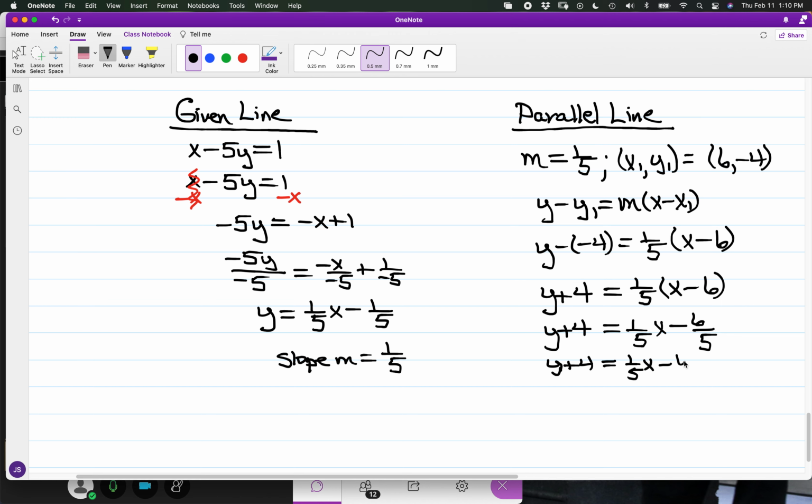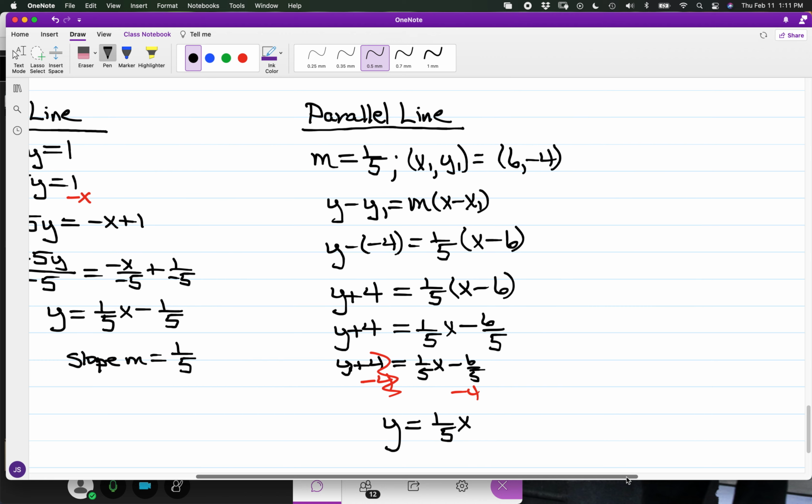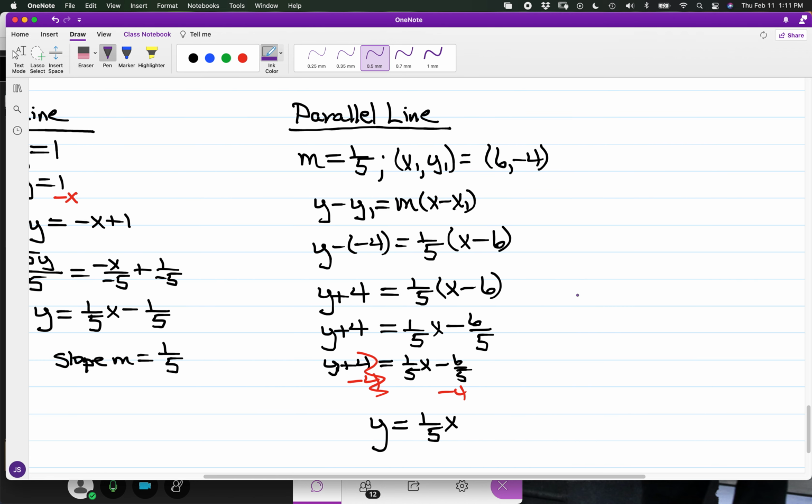Okay, so if I take 4 away from both sides, I have back-to-back negative numbers. I have negative 6/5 minus 4.